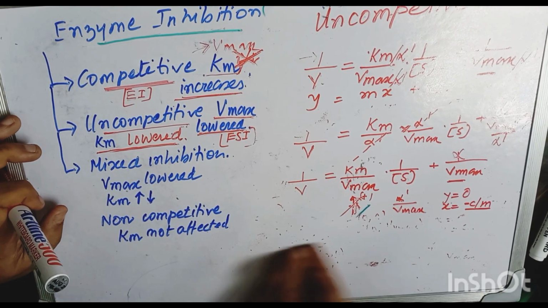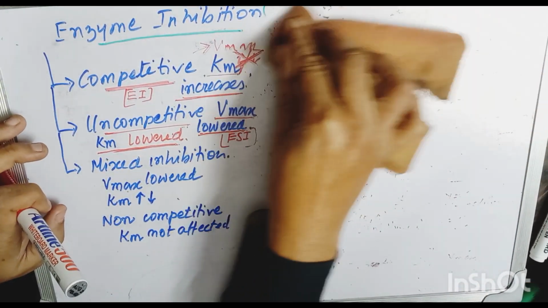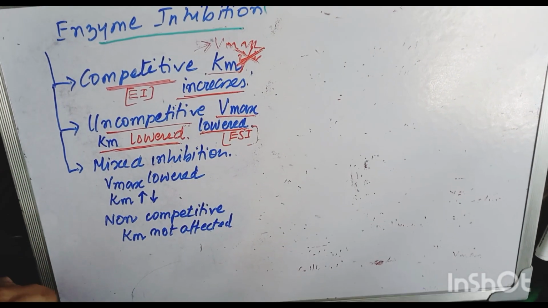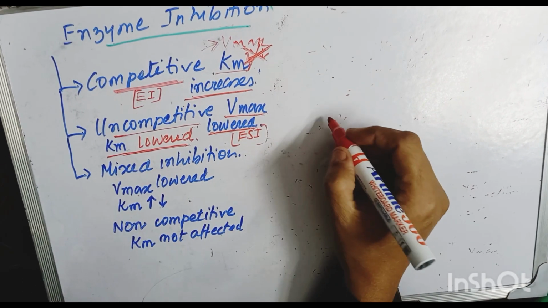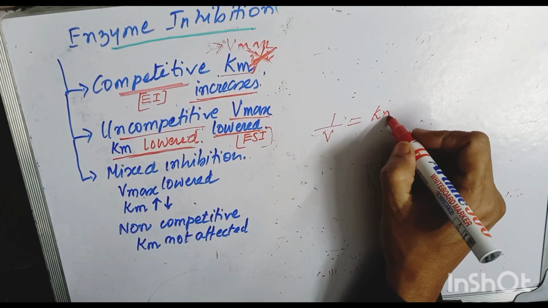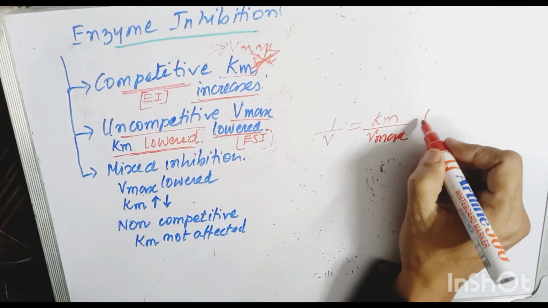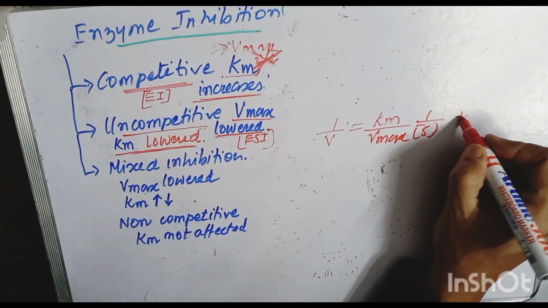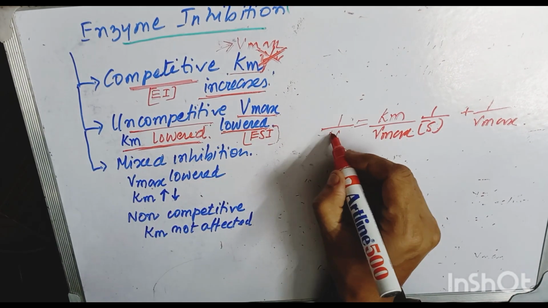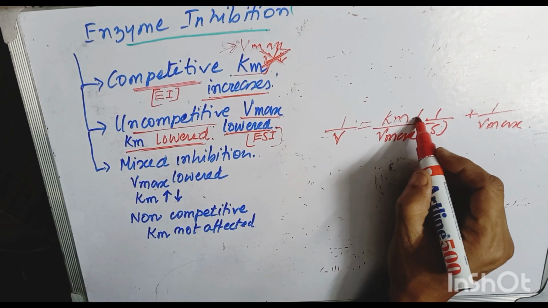I will just rub this one out, and now I will write the equation for competitive inhibition: 1 by V equals Km by Vmax into 1 by S plus 1 by Vmax. I just told you that for competitive inhibition the value of Km is increased by a factor of alpha.